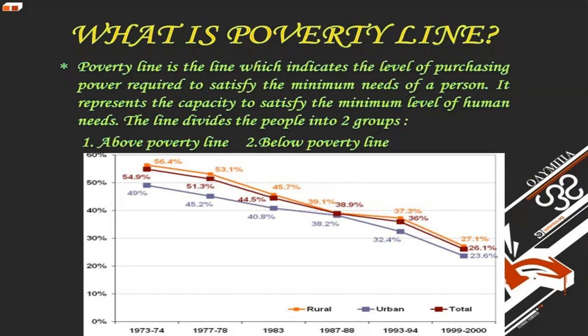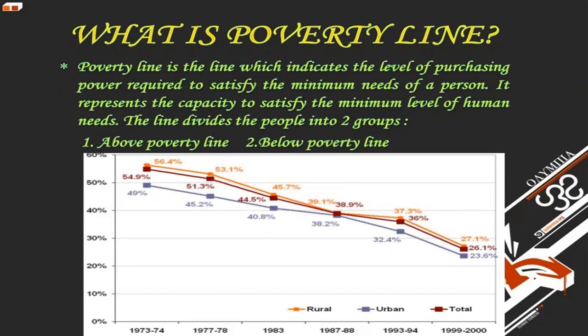Now, how is the poverty line determined? Previously in India, the per month per capita expenditure method was used to determine the poverty line. According to this method, the monetary value of the minimum calorie intake is calculated.